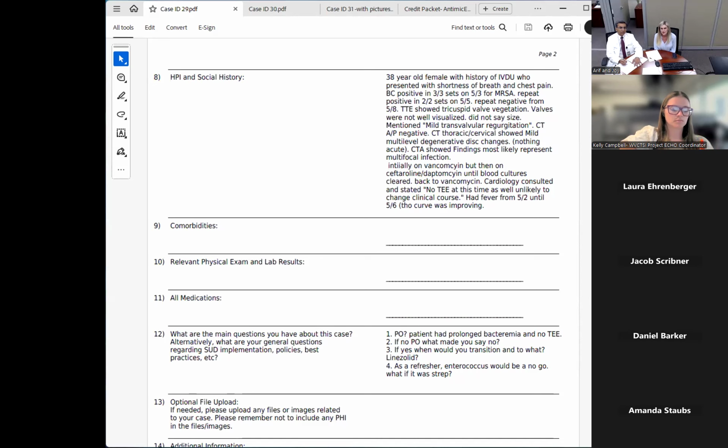So the lack of TEE and the prolonged fever and blood cultures doesn't really come into consideration for you? No, I would still feel comfortable transitioning. And I think the fact that she did clear on the 8th, I would feel comfortable without the TEE.